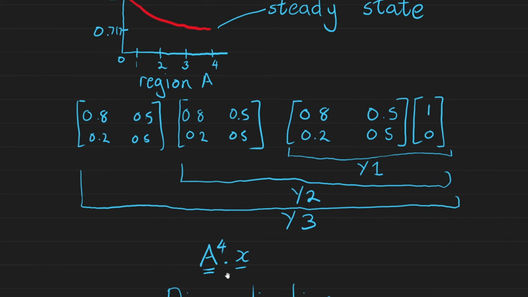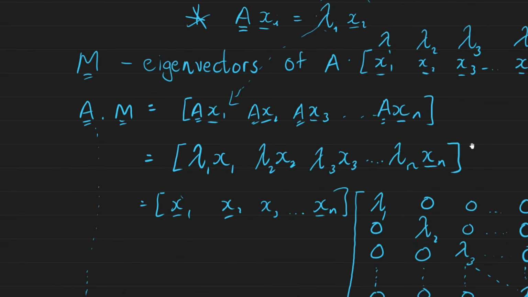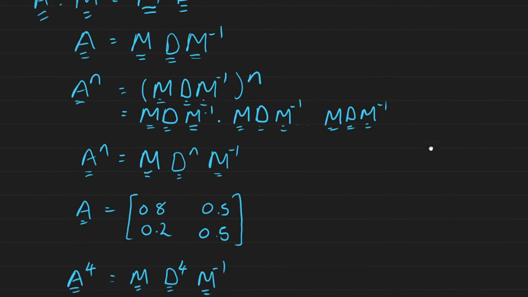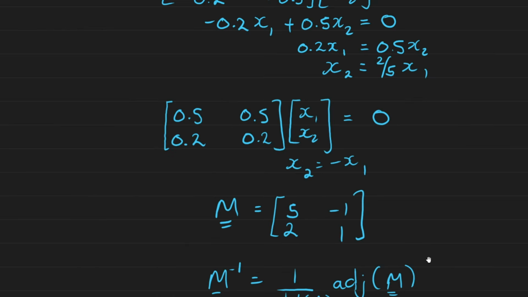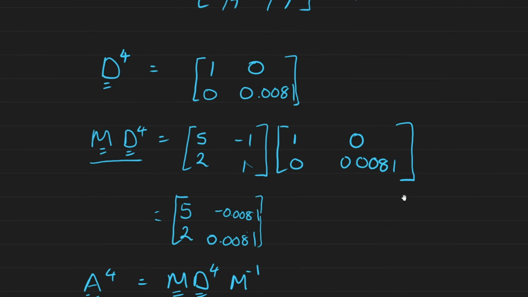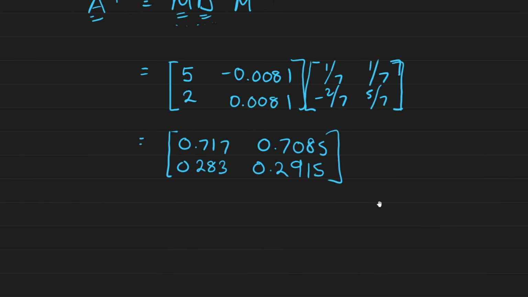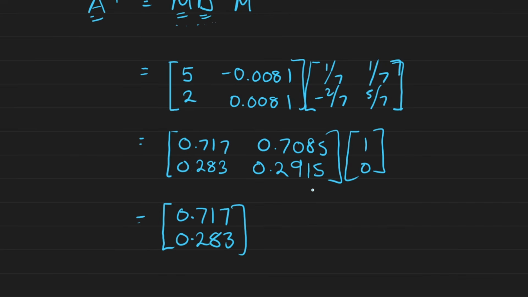So we just bring that 1, 0 down. We multiplied by 1, 0. We said everyone was in region A. Then when we do that, we get 0.717 and 0.283, which is what we had actually seen when we had raised this matrix to the fourth power and taken it in year 4.